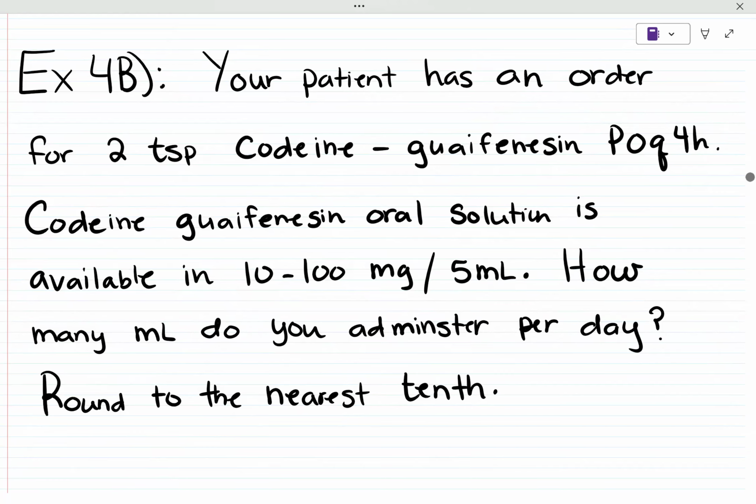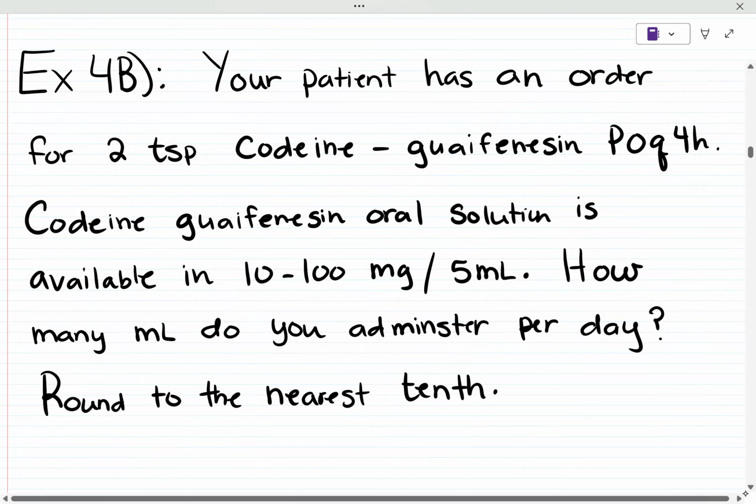How many milliliters do you administer per day, rounded to the nearest tenth? 10 milliliters are administered per dose. Frequency: Q4H means 6 times per day.